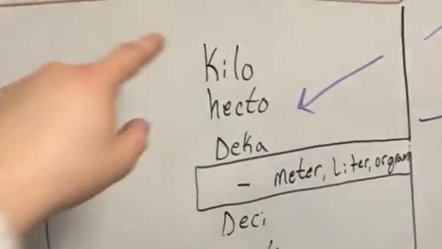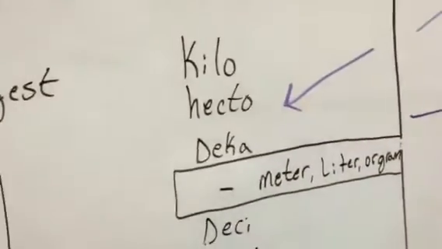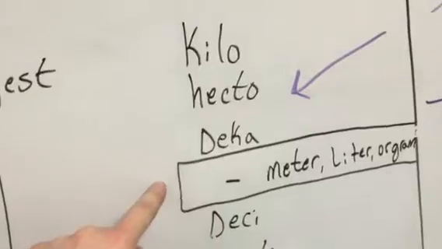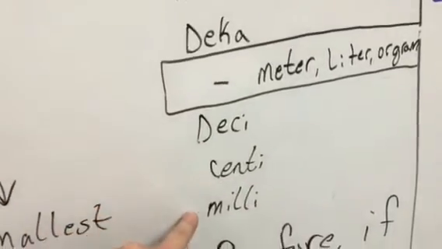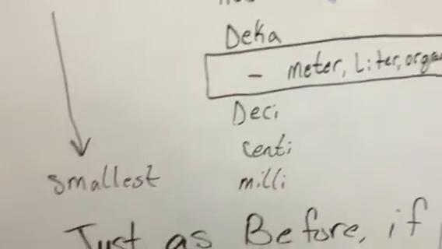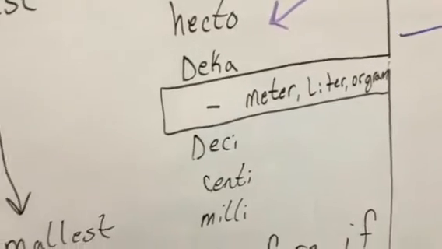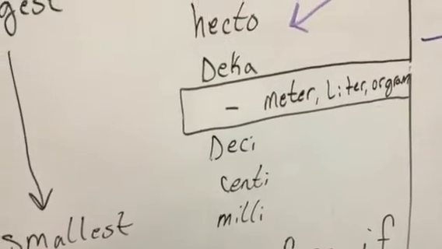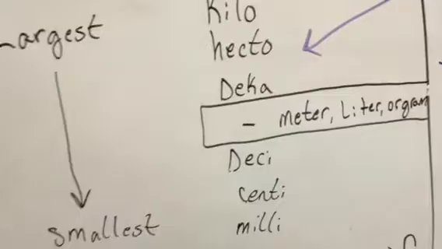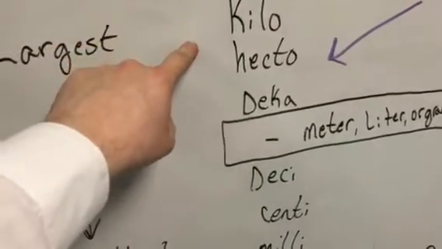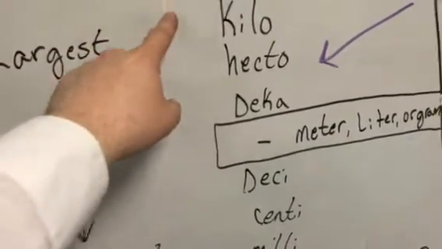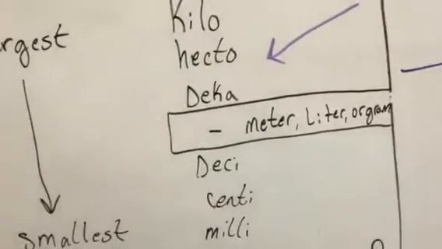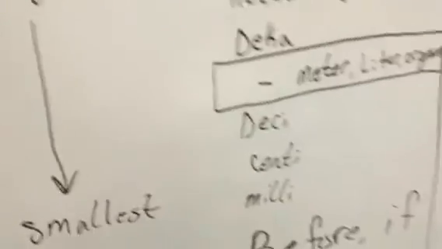If it was going from kilo to milli, that's 1, 2, 3, 4, 5, 6 steps away. And we're going from larger to smaller, so we're going to multiply. So that's going to be multiplying by a 1 followed by 6 zeros. So that's going to be 1 million.